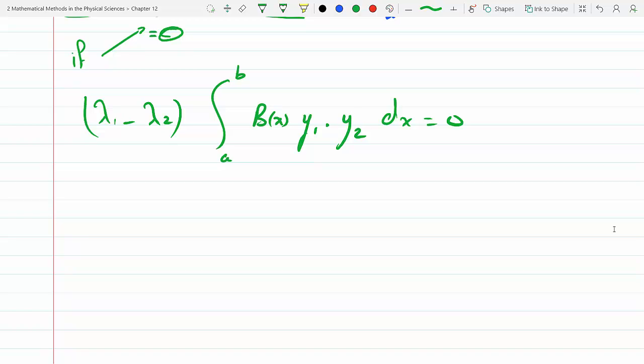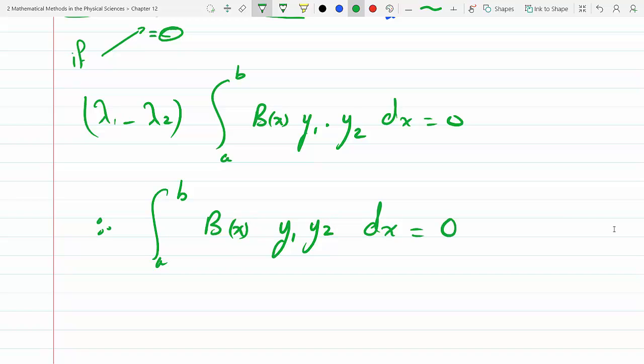Otherwise, if lambda 1 minus lambda 2 does not equal 0, therefore the integral from a to b of b of x y1 y2 dx has to be 0.